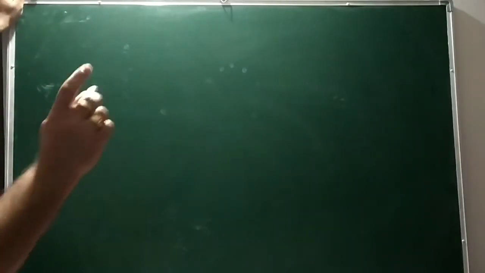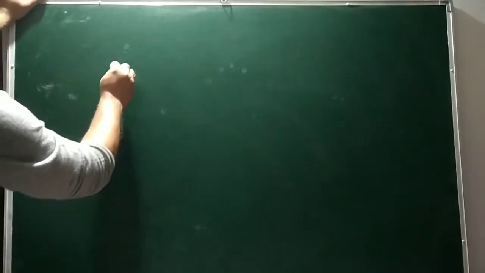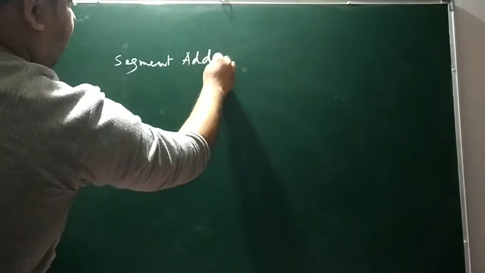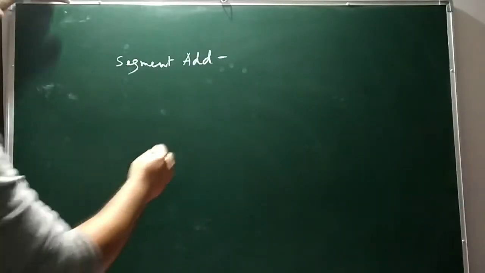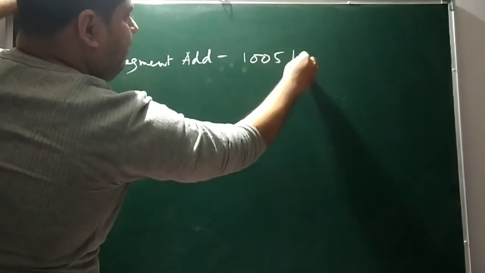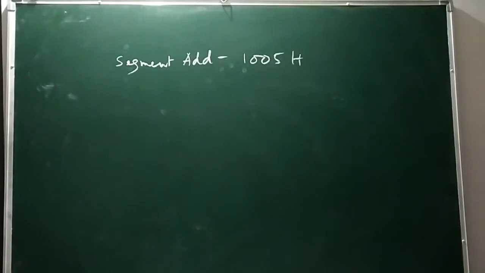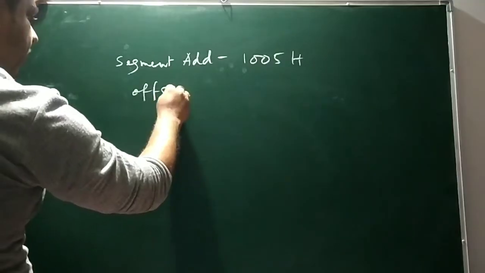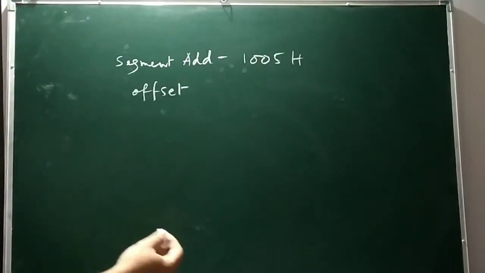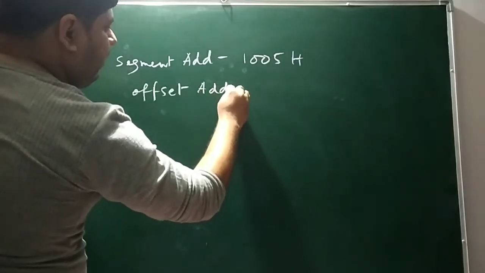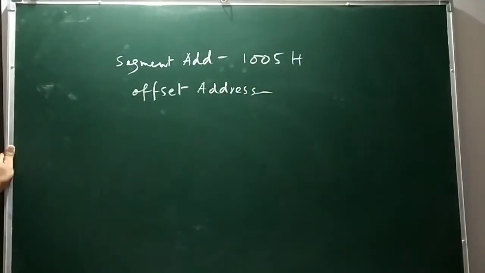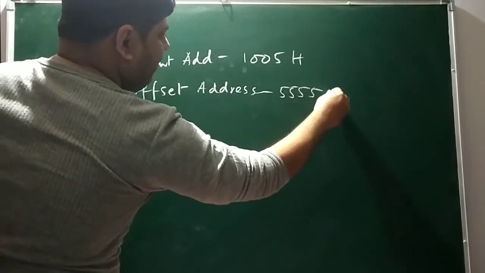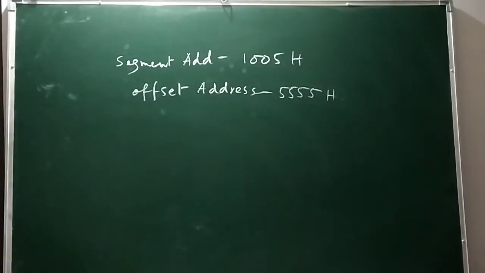Fine. So for example, if the segment address is say 1005H, segment address we have chosen 1005H, and its offset address is 5555H.